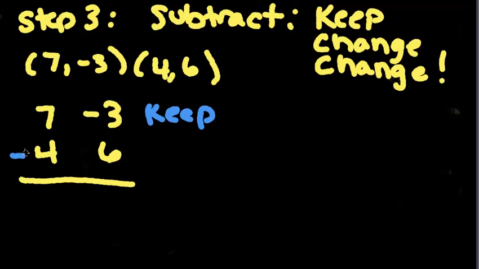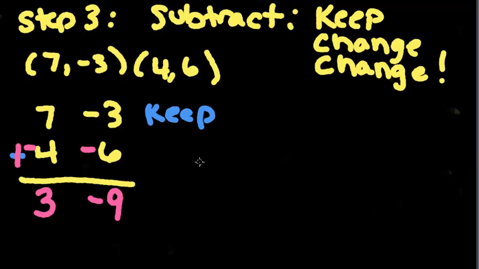So the positive 4 becomes a negative 4, and the positive 6 becomes a negative 6. Now we add: 7 plus a negative 4 equals a positive 3, and a negative 3 plus a negative 6 is equal to a negative 9. So that's all we do with step 3: we set it up vertically and we do keep, change, change.